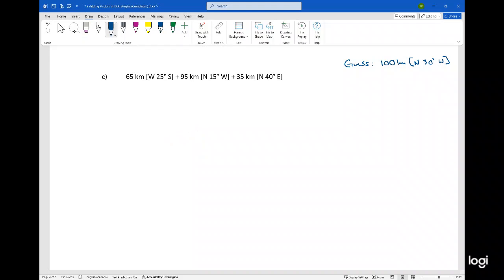Okay, so let's treat this as three separate triangles then. The first one, west 25 south. Looks like that. The second one, north 15 west. And that one's 95.